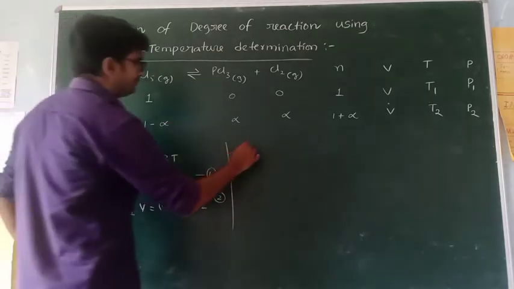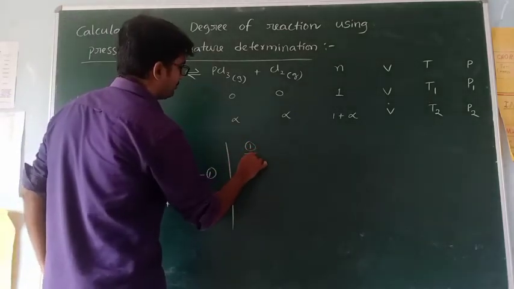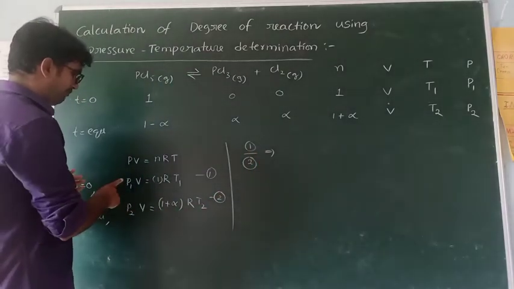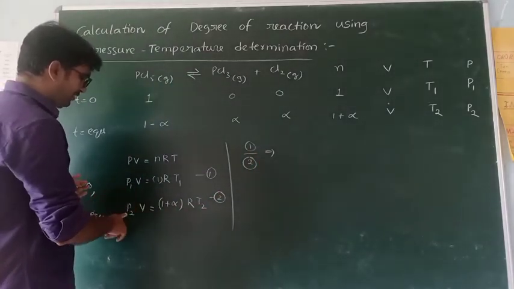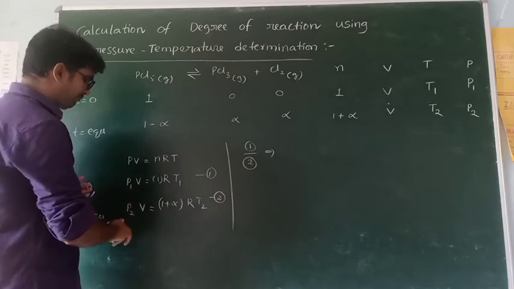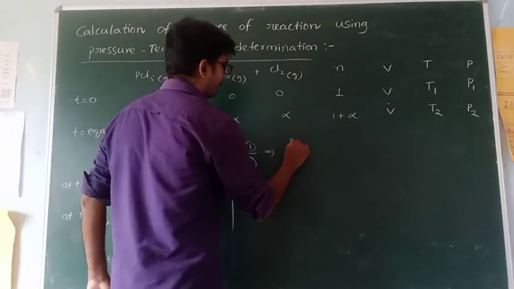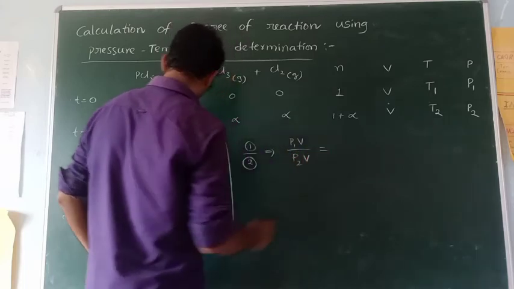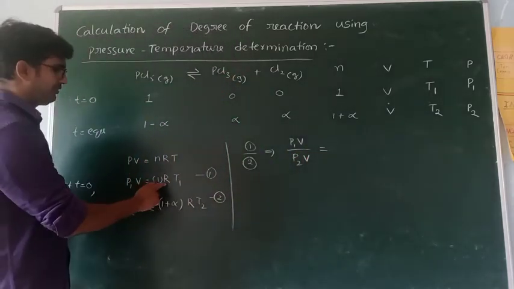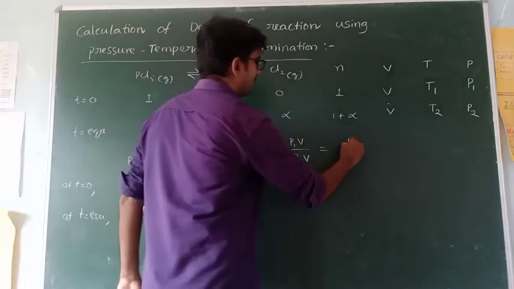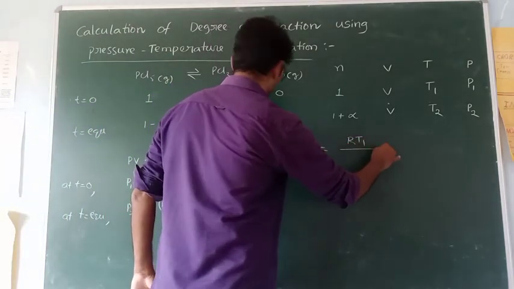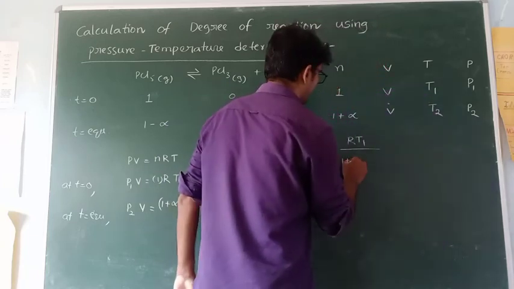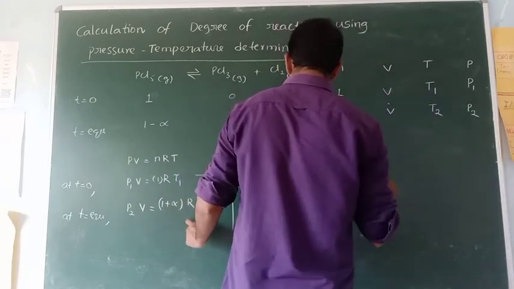Now divide 1 by 2. The left hand side is P1V by P2V, equal to the right hand side, which is 1 into RT1 by (1 plus alpha) into RT2.